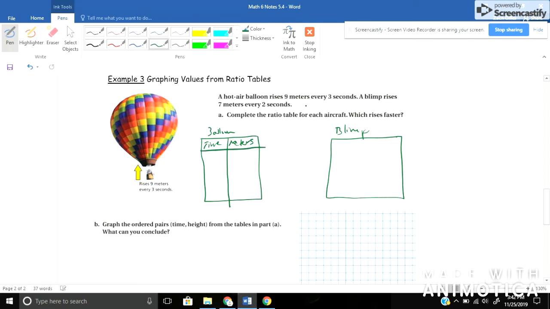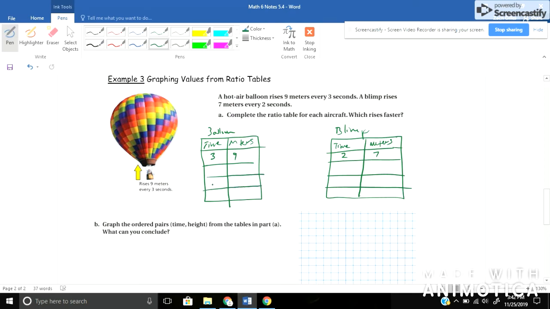Okay, so our hot air balloon rises 9 meters for every 3 seconds. Okay, and our blimp, let's fill this in. I've got time and I've got meters. Our blimp goes 7 meters every 2 seconds. Okay, fill in some data points here.